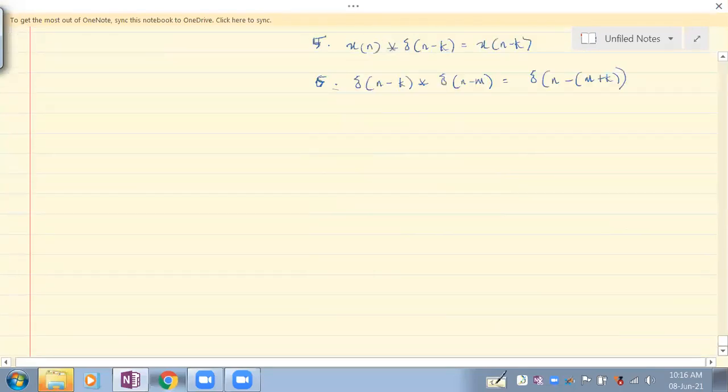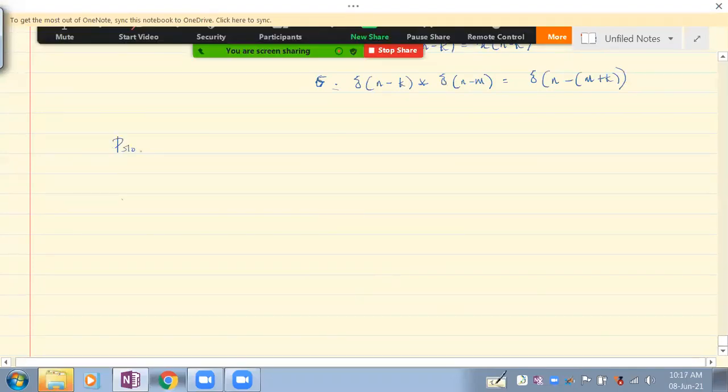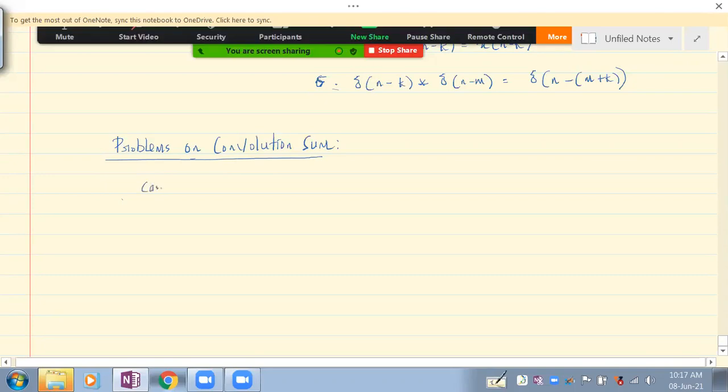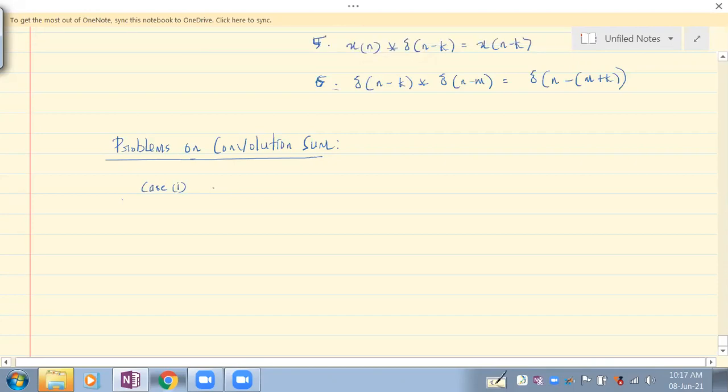Very important, very challenging. Problems on convolution sum. Now the signals involved may differ. Let's consider case 1. In case 1, how many signals are involved in convolution sum?